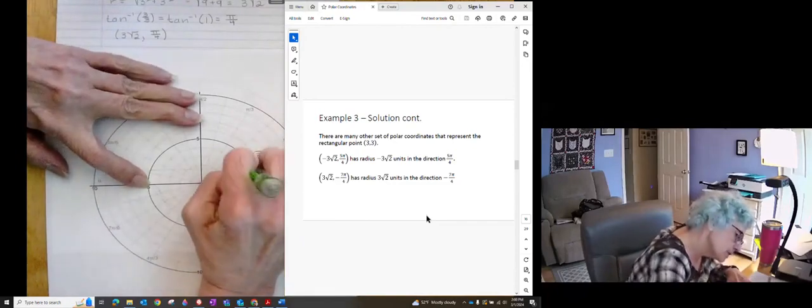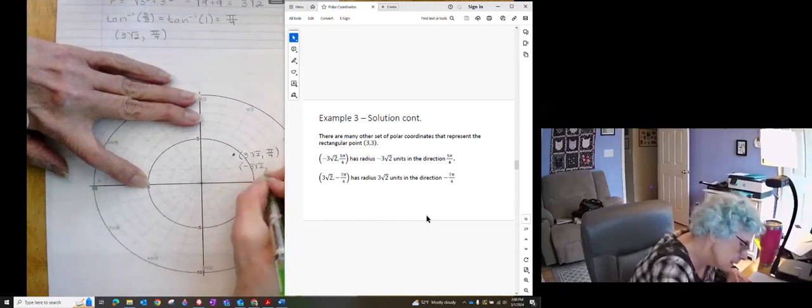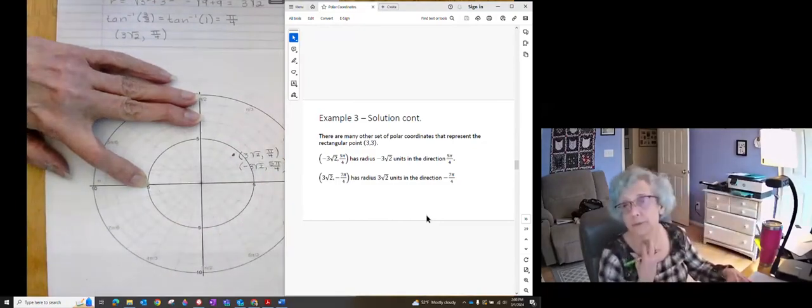Negative 3 square root of 2 and 5 pi over 4.